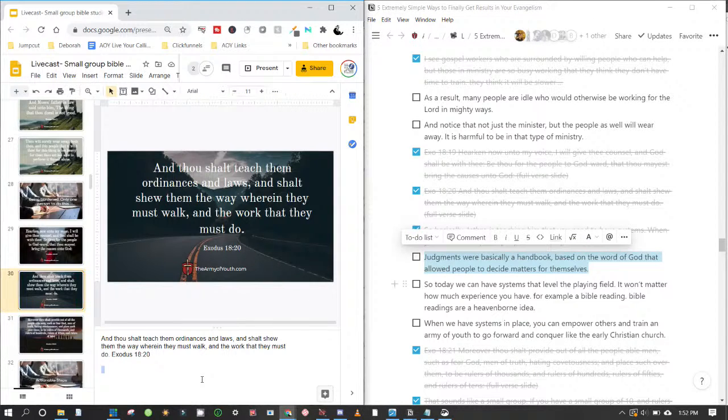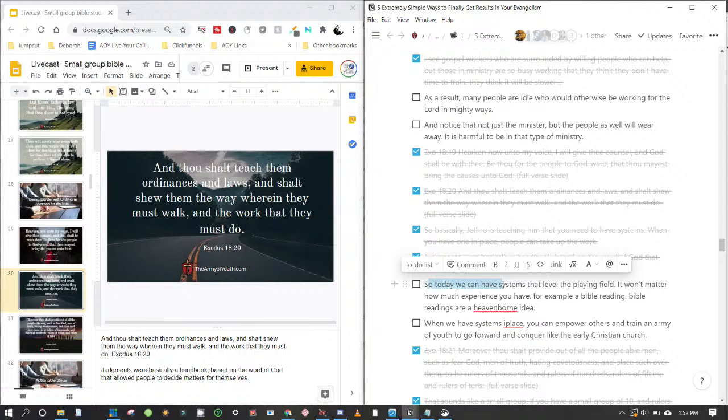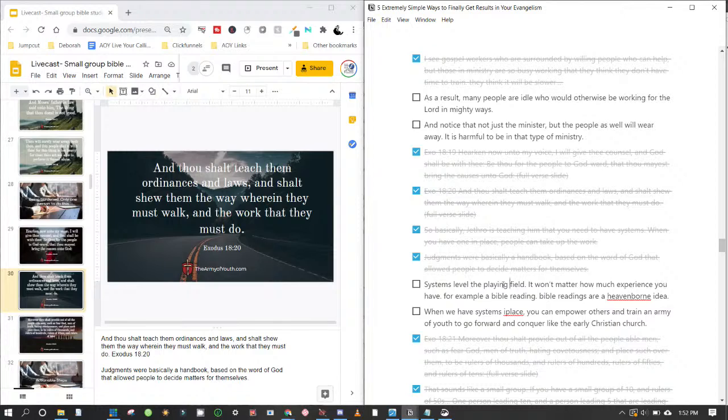So we could probably put that under the one here that talks about laws and judgments. So today we can have systems that level the playing field. Why isn't this deleting? There you go. Systems level the playing field.